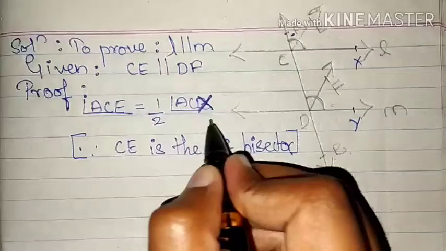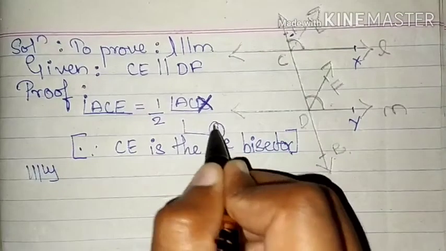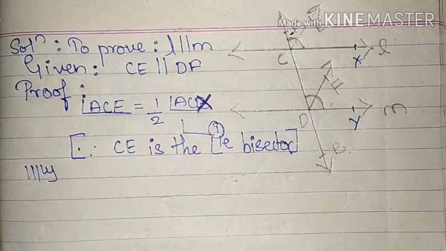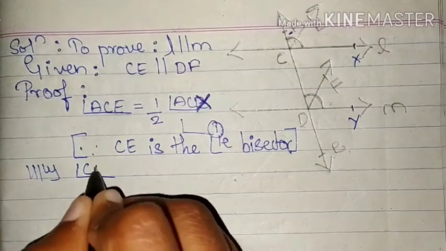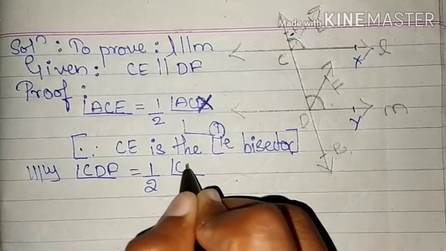Similarly, let this be result 1. Similarly, in the pair, angle CDF is half of angle CDY. You can write it, right? Angle CDF is equal to half of angle CDY.